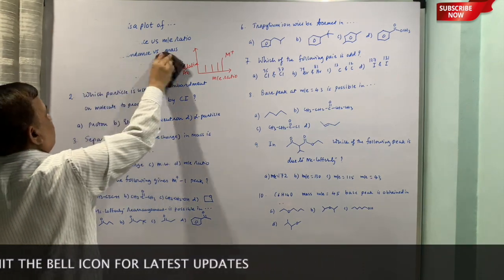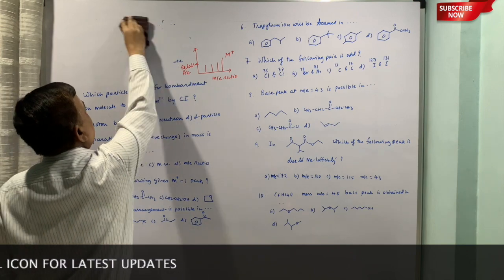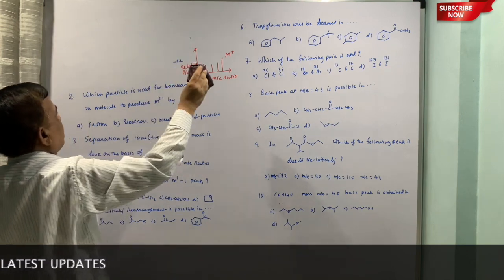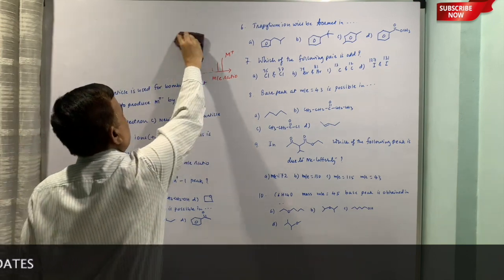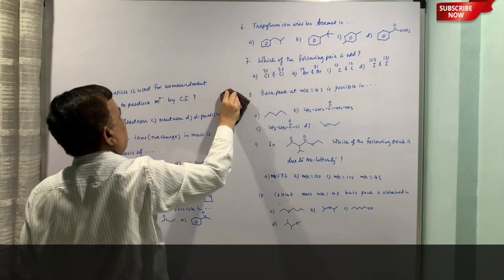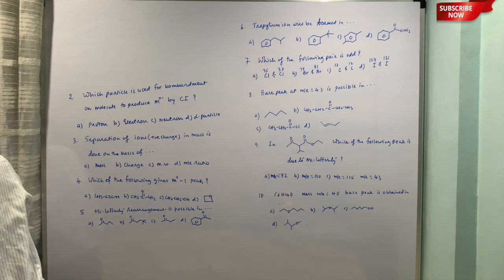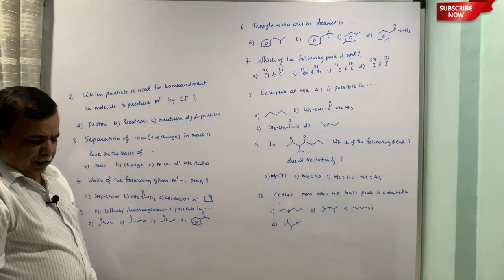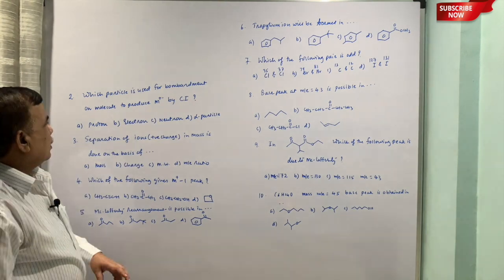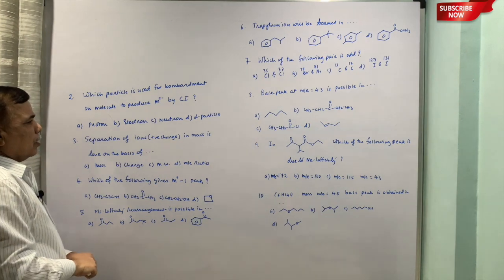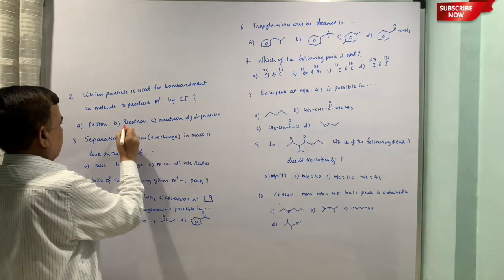The second question is, which particle is used for bombardment to produce molecular ion peak by classical method? Proton, electron, neutron or alpha particle?